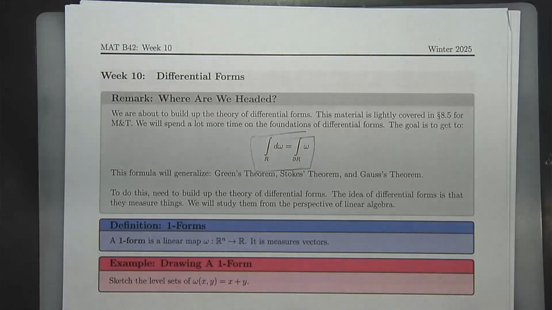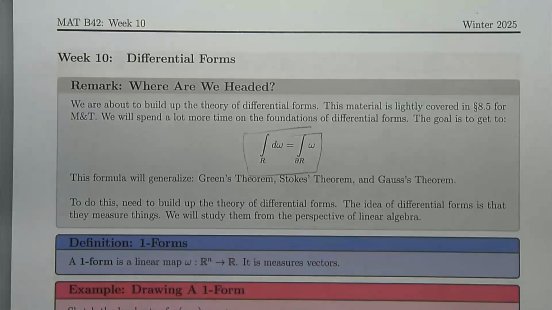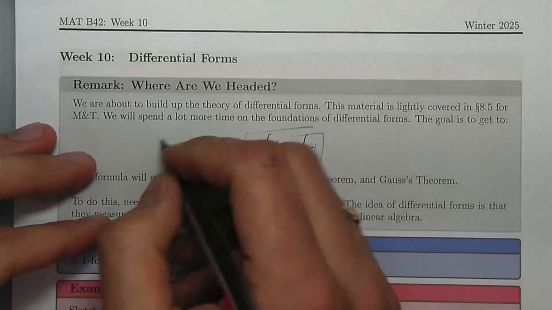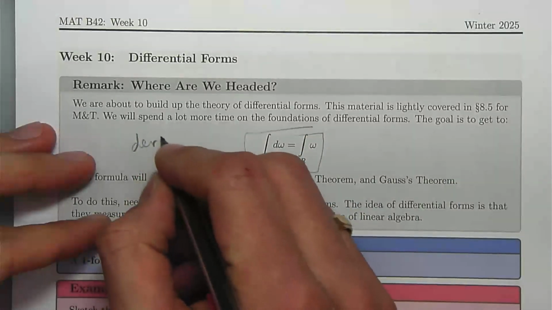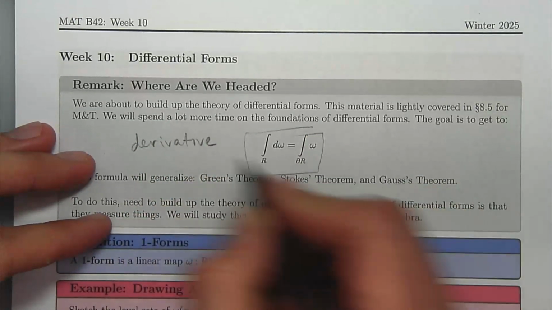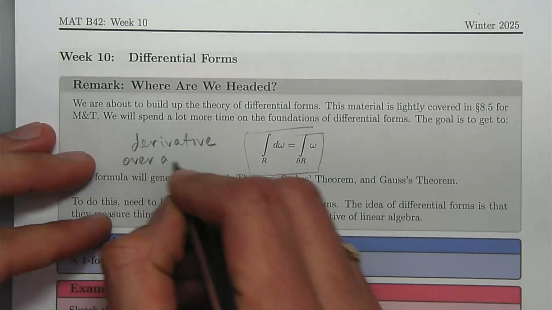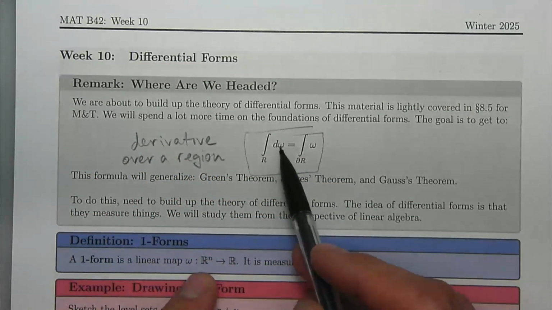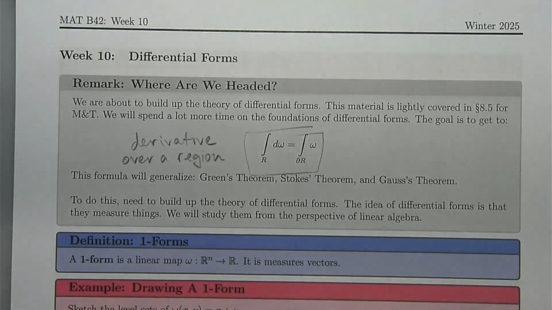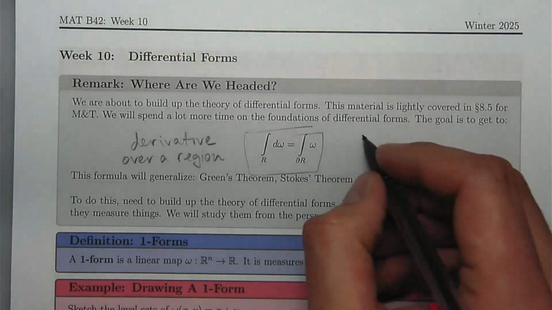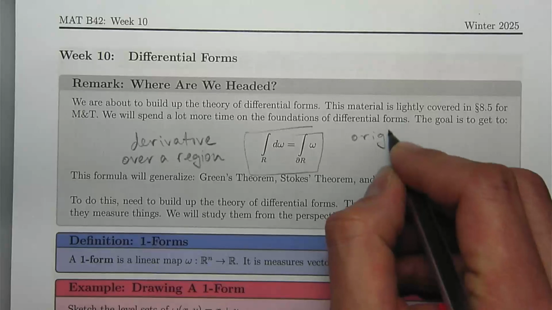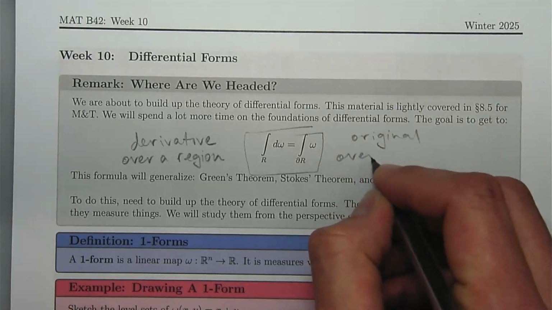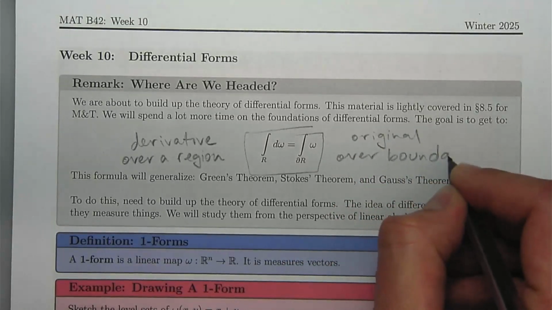So what's this saying? This is kind of our general version of Green's theorem, Stokes' theorem, Gauss's theorem, right? This is a derivative over a region, right? The derivative of omega over a region R is equal to the integral of the original omega over the boundary.